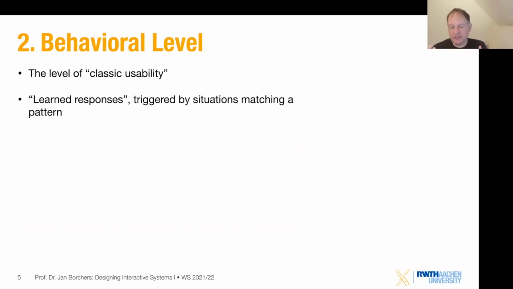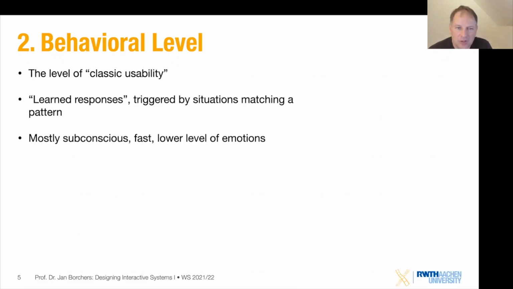And whenever you see something that kind of looks like a switch, there's pattern matching going on in your brain that says, oh, let's use the switch routine that we've learned. I'm sure if I flick this thing, it's going to turn on that light right next to it.